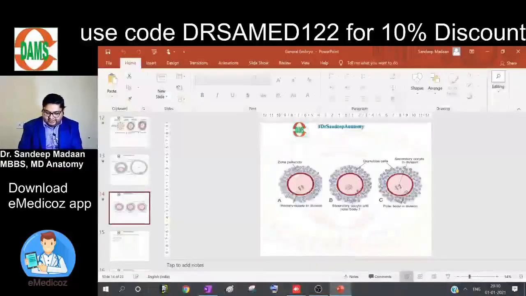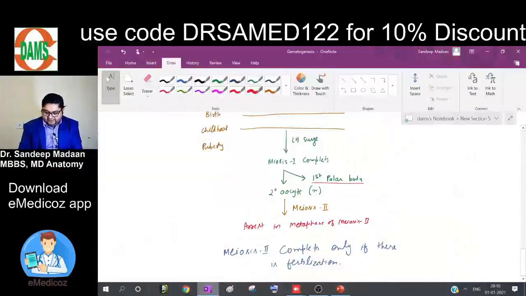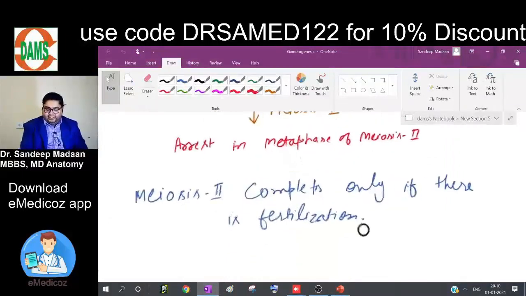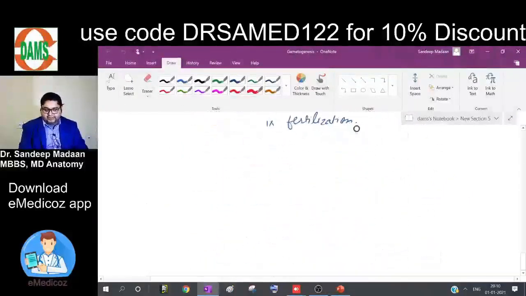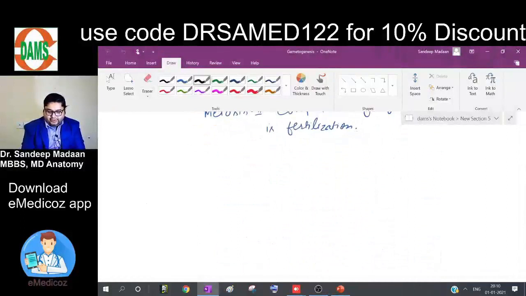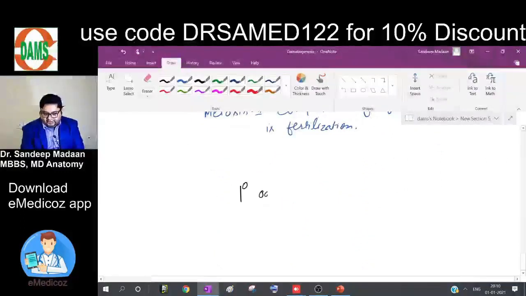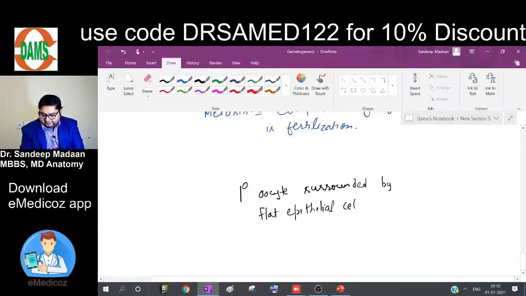Is it clear? And let us write down the notes quickly, what we have learned. So we have learned the steps of oogenesis. Let us write down about the follicles. Okay, so at the time of birth, the primary oocyte surrounded by flat epithelial cells is called a primordial follicle.